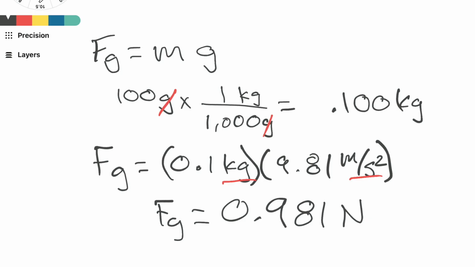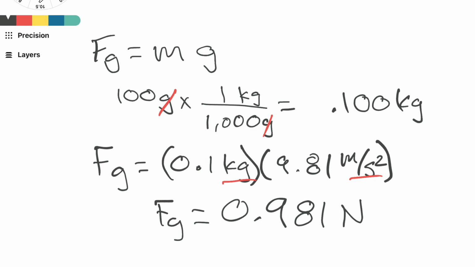And what that will do is give me a value for force in units of newtons, because a kilogram times a meter per second squared is a newton. And so the force of gravity here is going to equal 0.981 newtons.